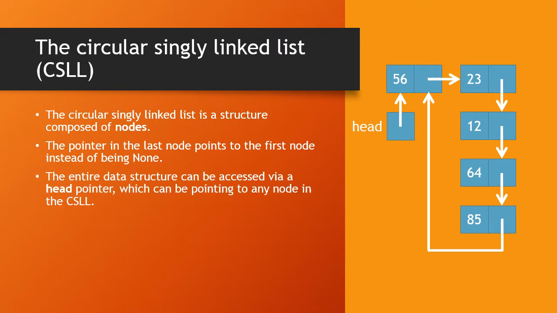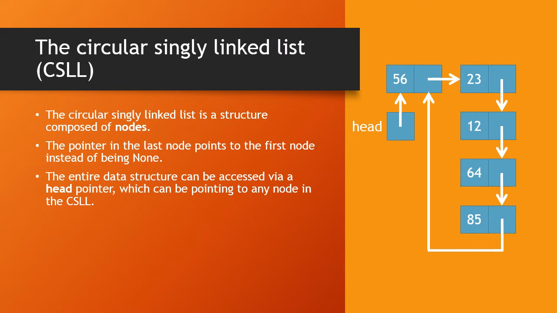The entire data structure can be accessed via a head pointer, which can be pointing to any node in the circular singly linked list. So the head pointer is right now at the node containing 56. If I start traversal from this node, the sequence of traversal will be 56, 23, 12, 64 and 85.